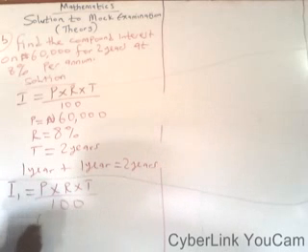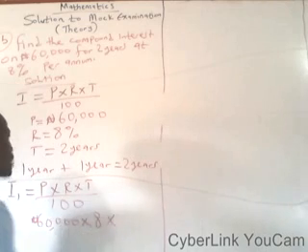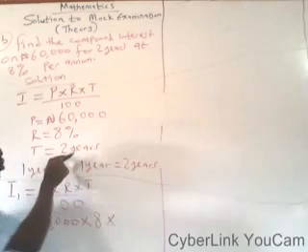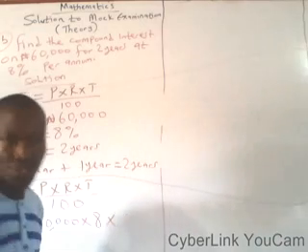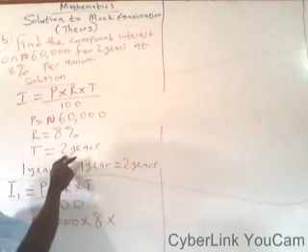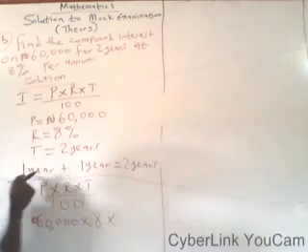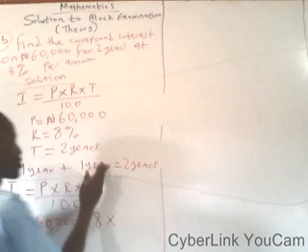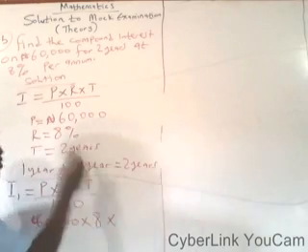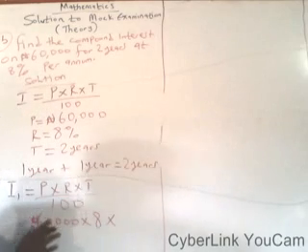What is our P here? 60,000 naira, times, what is our R? 8%, times, now is it these two that we are going to use? Assuming we are calculating simple interest, we are going to make use of these two. But for the fact that we want to calculate compound interest, we are going to use 1. That is, we separate it, 1 year, another 1 year. If it is 3, we are going to calculate for another 1 year, making 3 years. But in this case, it's 2 years.